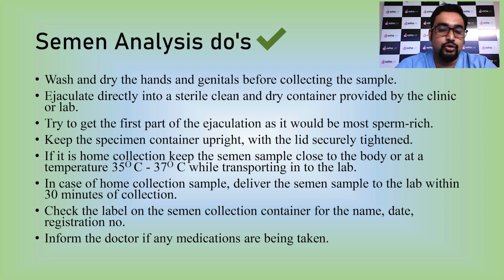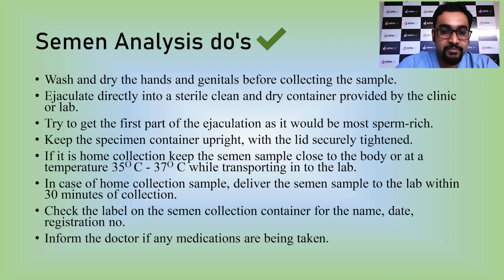That is, don't move the container sideways or do anything like this. Just keep the container in a straight position and the lid should be securely tightened so that there is no spillage of sperms. So this is for the collection that you can do in our collection center.